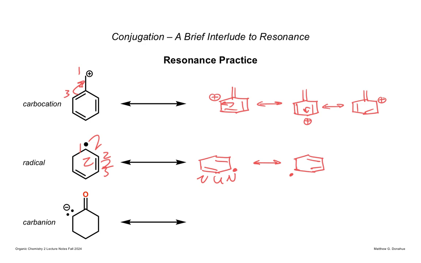And the last one is a carbon anion, so it has a negative charge. Carbons 1, 2, and 3. The lone pair is going to drive the electrons, so double-headed arrow. Now the negative charge will end up on oxygen.